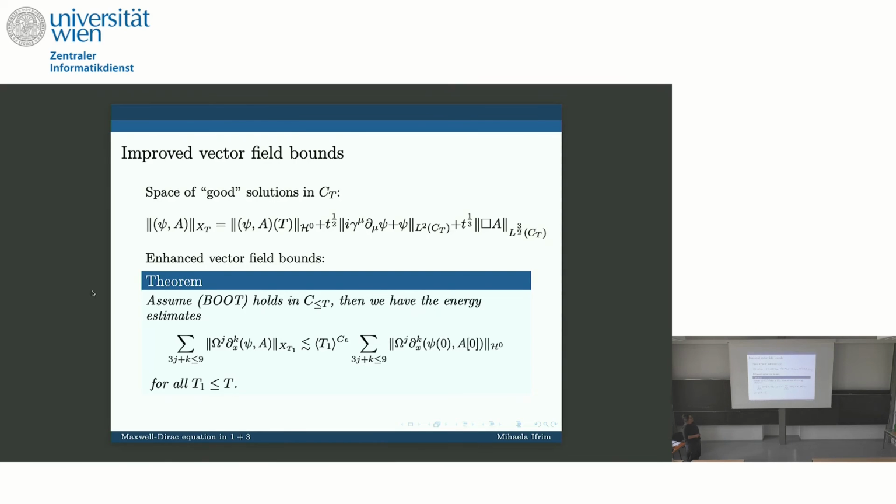You'll be confused why not H-1, or H, but we want to avoid fractional Sobolev spaces, so we use the embedding that L3/2 embeds in homogeneous H1/2.